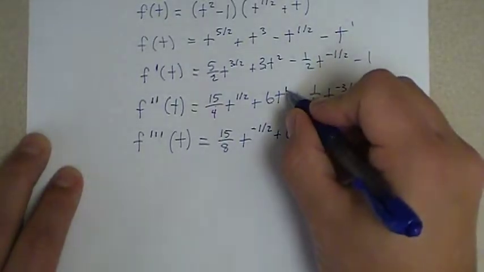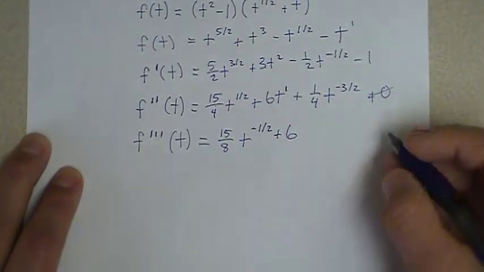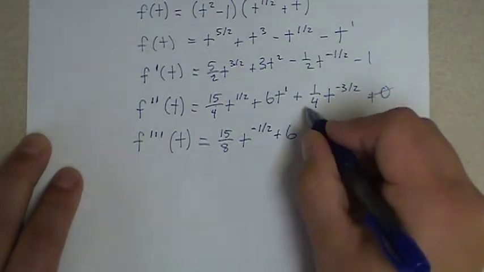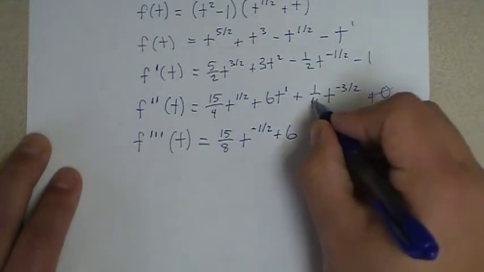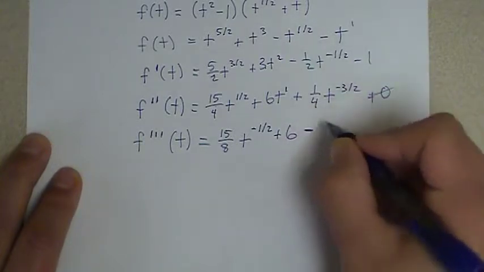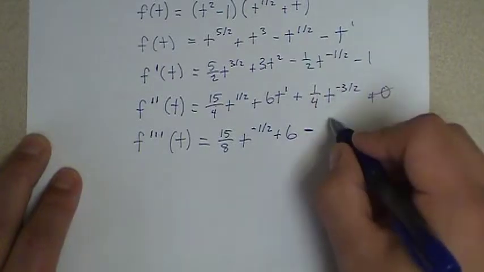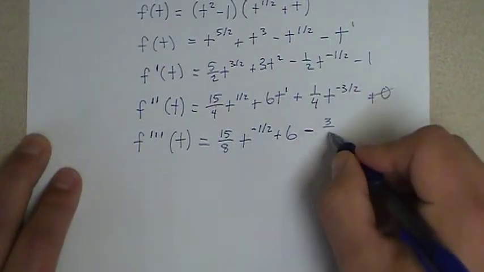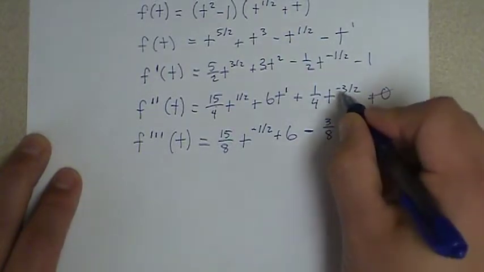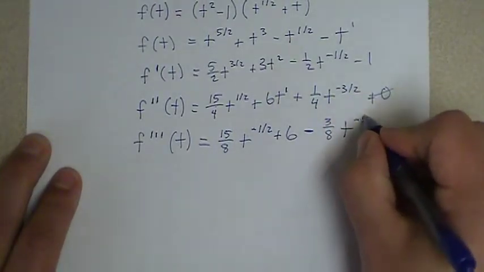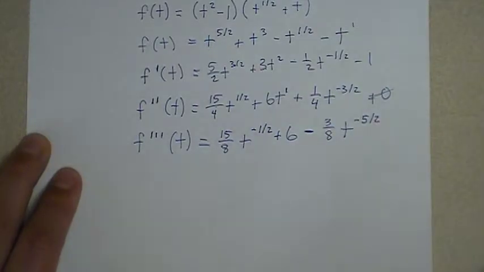If I subtract 1 from that exponent, it's a t to the 0. So if it's t to 0, it's a 1, and I don't have to show it. And then the derivative of this piece, well, it's a positive times a negative, so my answer is going to be a negative when I do coefficient times exponent. Top times top is going to give me a 3. Bottom times bottom is going to give me an 8. And then I can subtract 1 from negative 3/2 and end up at negative 5/2.